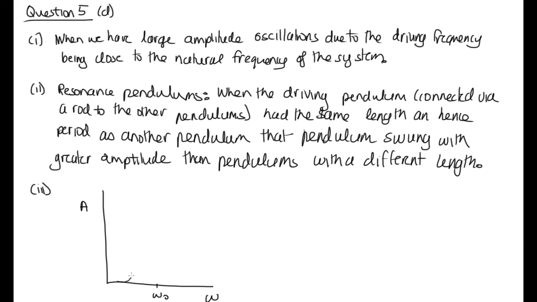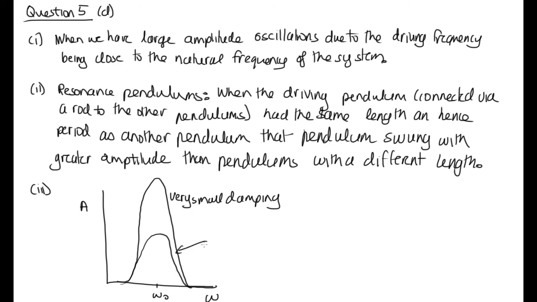If we have very little damping, then we have really high. So a very small damping. If we have a bit more damping than that, then not so high. More damping.